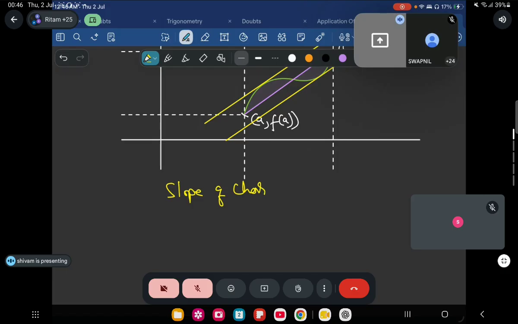So what is the slope of the chord? The slope of the chord is equal to f of b minus f of a upon b minus a.